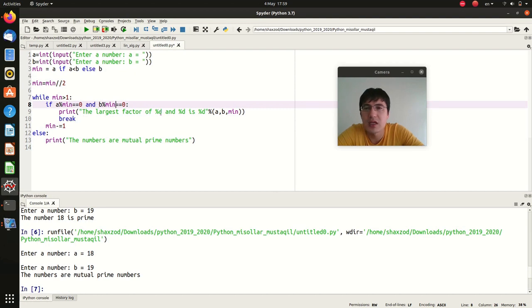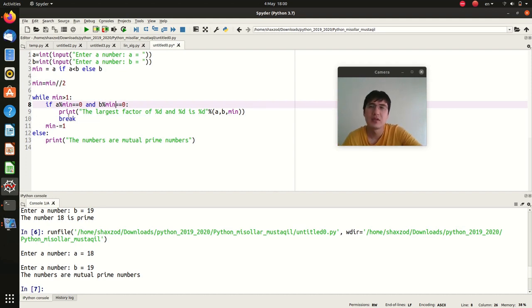So minimum becomes the largest common divisor of these numbers. And as soon as it becomes true, the program finishes working, so there is a break, and this statement continues checking until minimum becomes equal to 2.